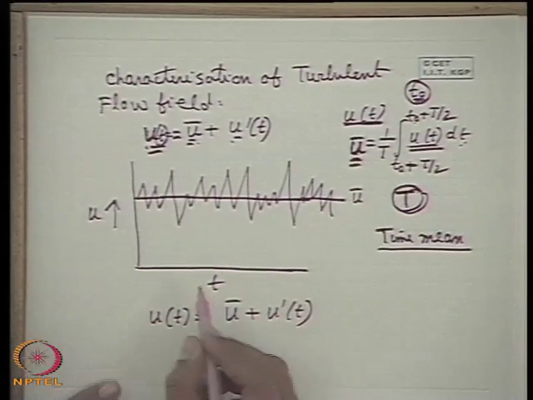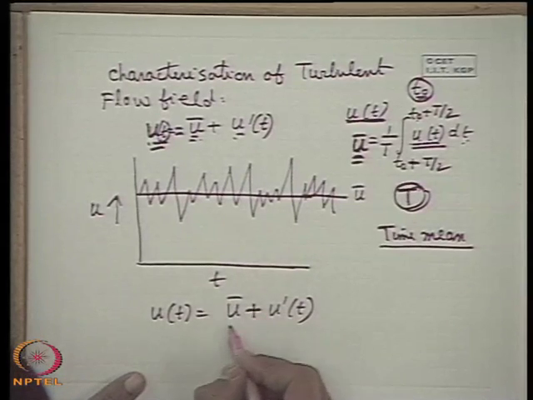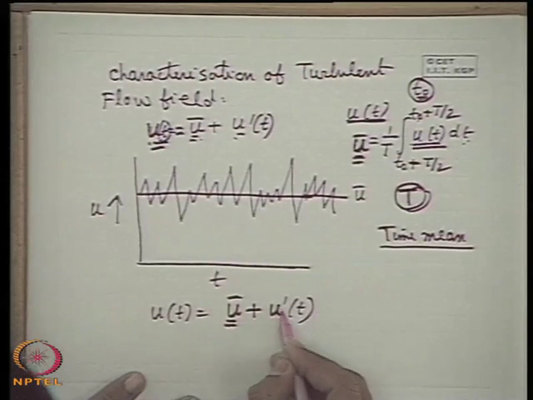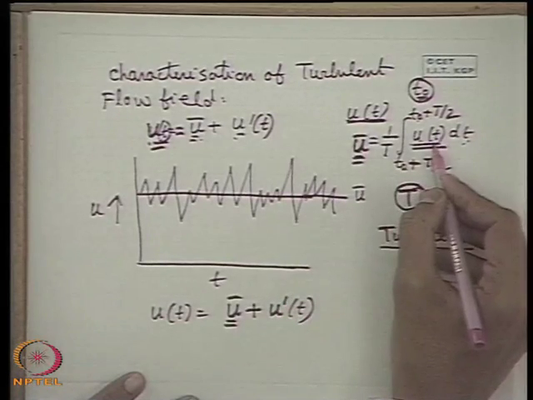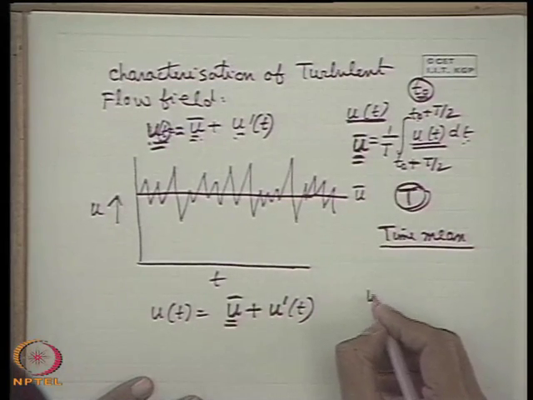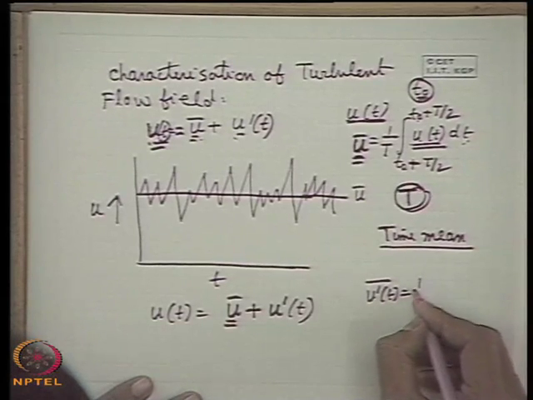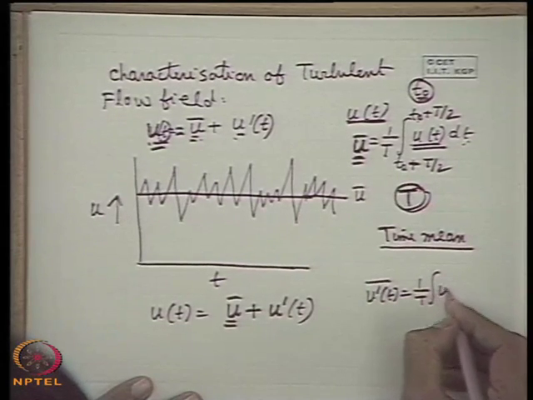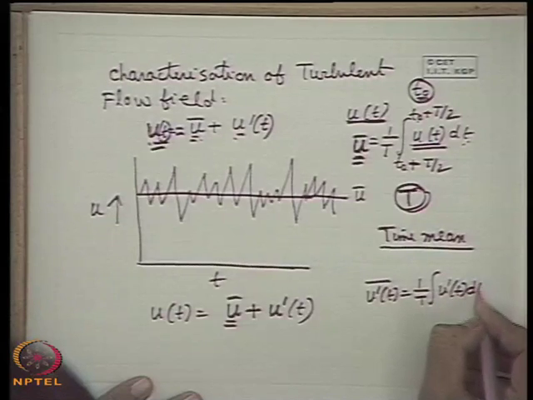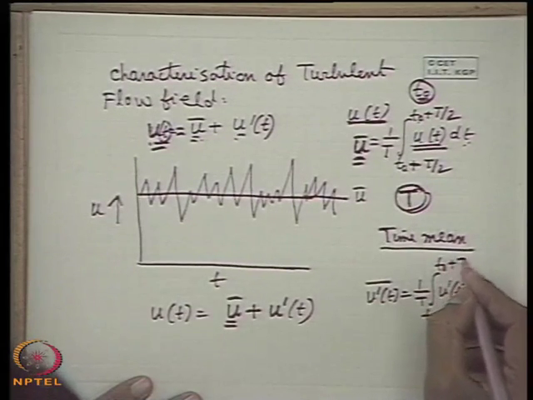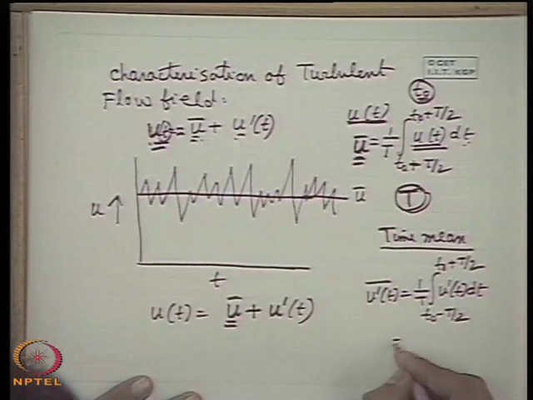That means it can be expressed as a sum of one mean component which is independent of time plus one fluctuating component, with this definition. It obviously follows that the mean value of the fluctuating component will be 0. That means 1 by T, integral of u dash(t) dt over t0 minus T by 2 to t0 plus T by 2, for any time period T, is equal to 0.